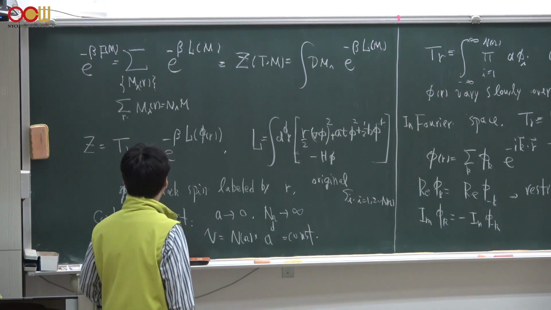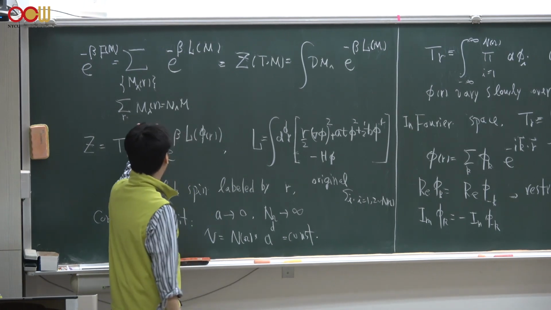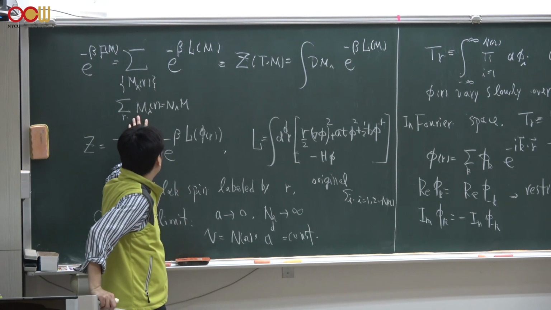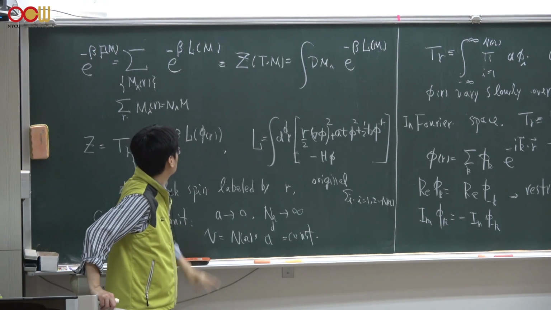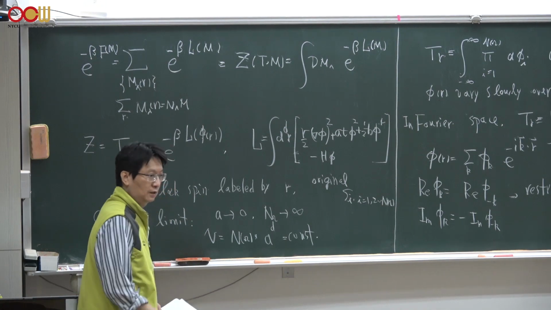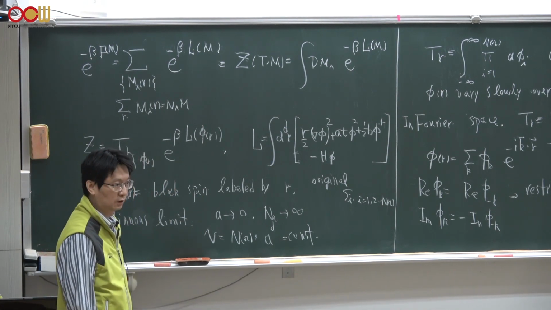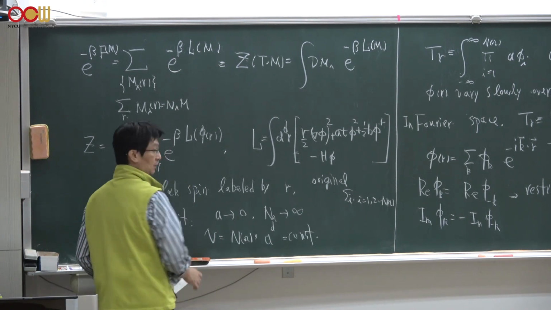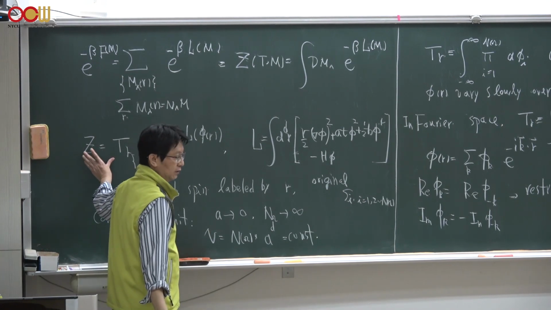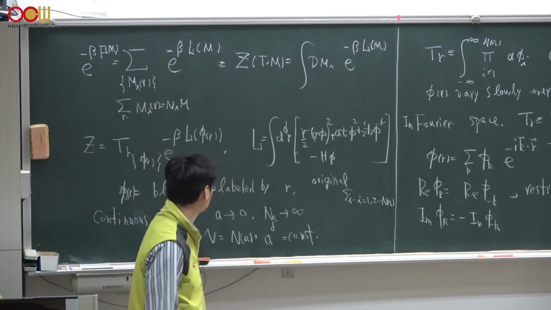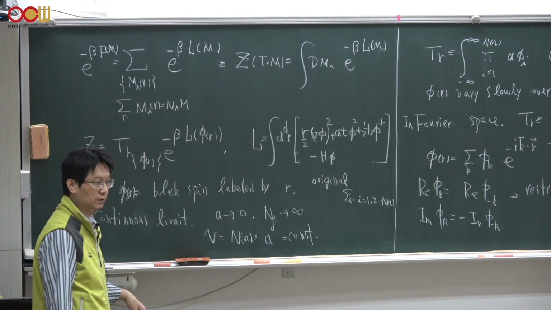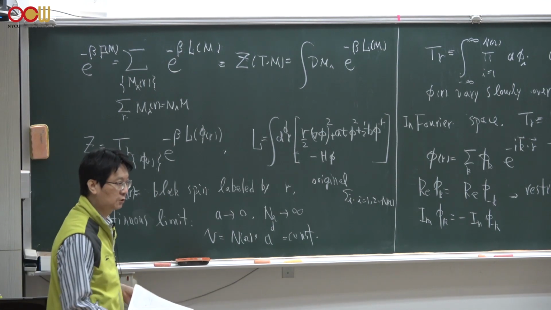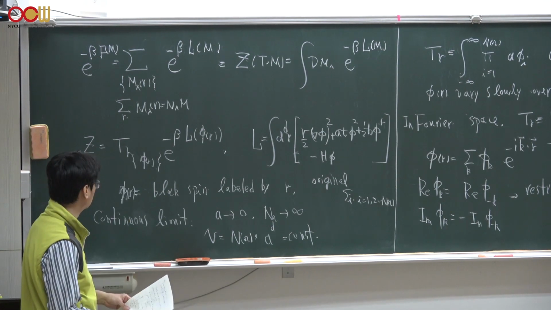And within each block, we have the constraint that you sum over all the microscopic degrees of freedom, and you get the number of spins multiplied by the average magnetization for the entire block. And so we can use this order parameter in the Landau language by rewriting the partition function in terms of the trace over this order parameter phi as a function of R, where R is a real space labeling of the block spin variables.